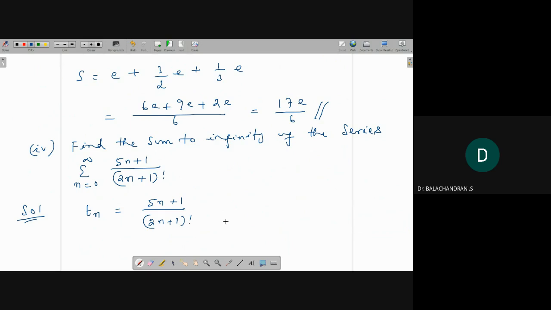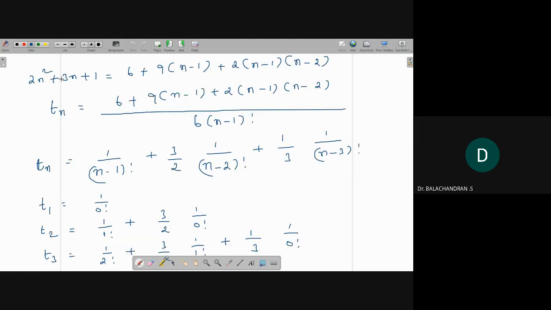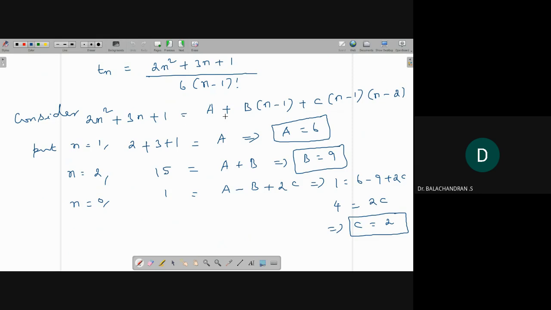So we need to write the numerator in terms of the denominator. In the last problem, the numerator was quadratic, so that's the reason you wrote the numerator as 2n square plus 3n plus 1 equal to a plus b into denominator plus c into denominator minus 1.